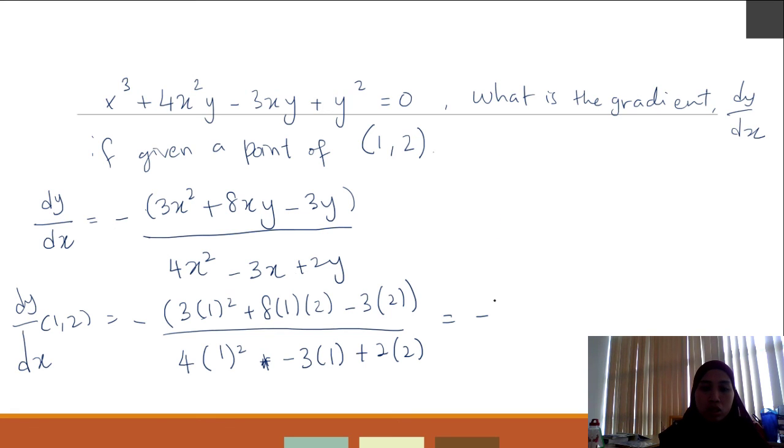So we get 13 over 5. Therefore, the gradient is negative 13 over 5.